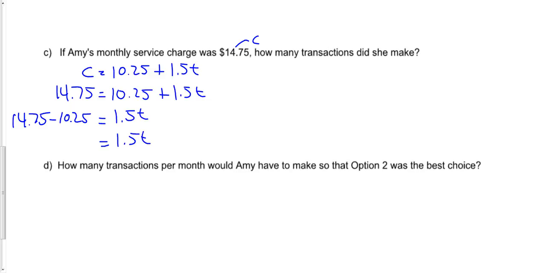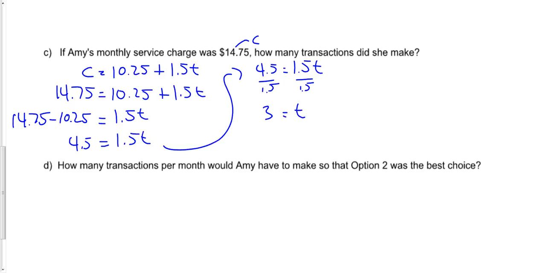So 14.75 minus 10.25 is going to equal 4.5. So 4.5 is equal to 1.5T. To get T all by itself, I have to divide both sides by 1.5. So T is going to equal 3.